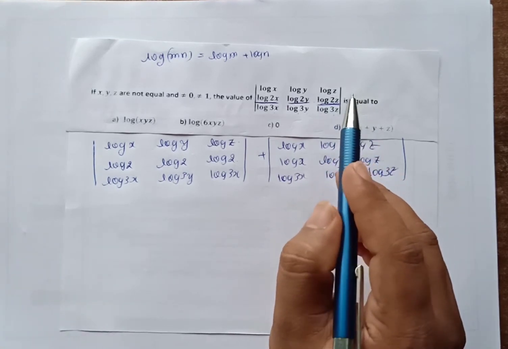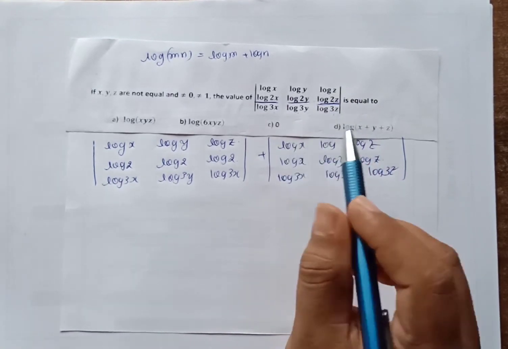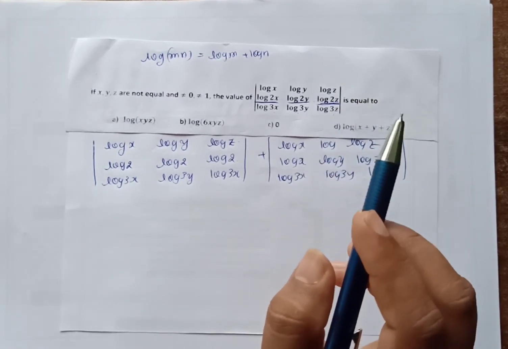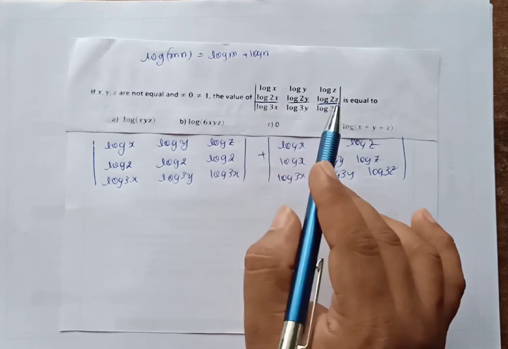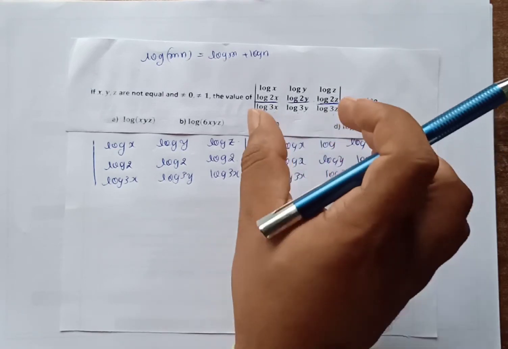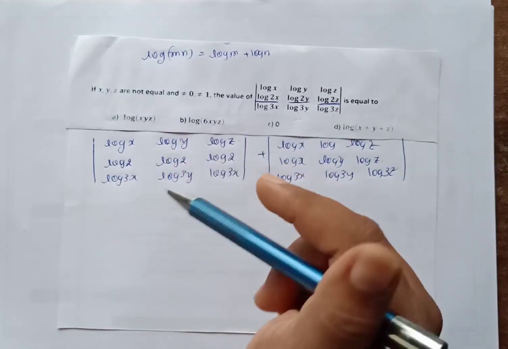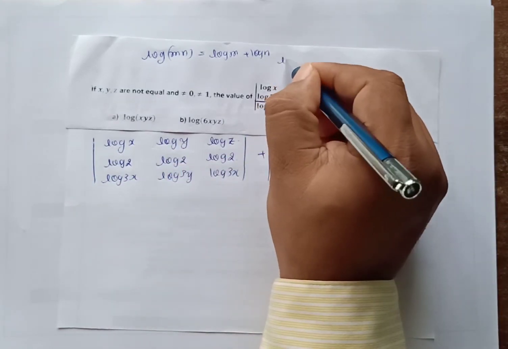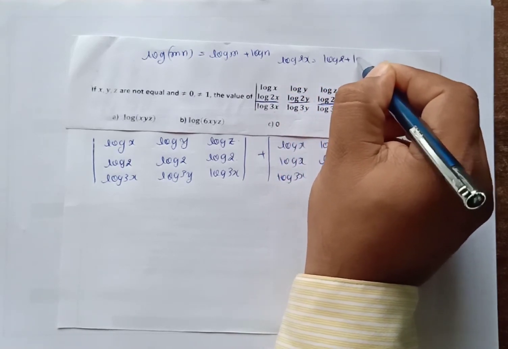Any rows or any columns are the sum of two terms or more terms, then the determinant can be written as the sum of two determinants. That can be expanded. See, log 2x, actually we can write log 2 plus log x.